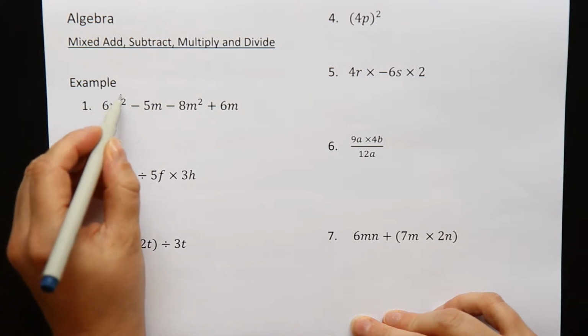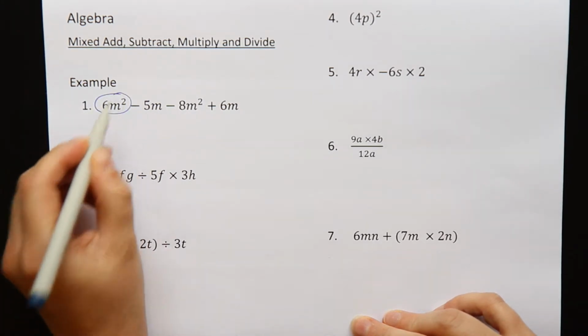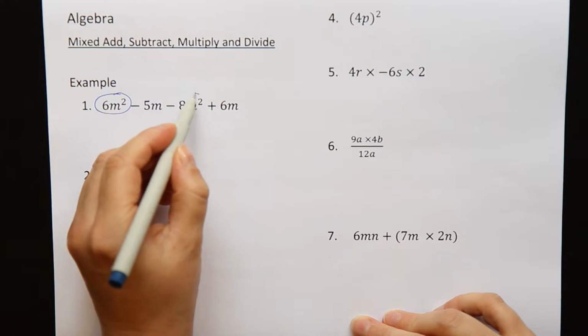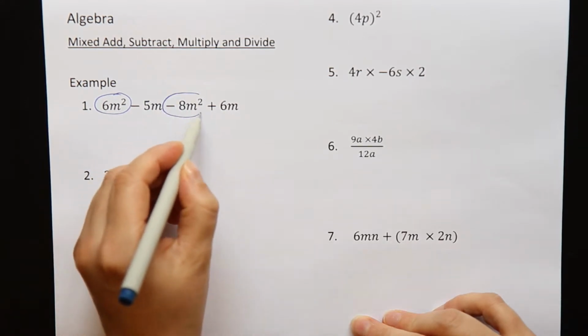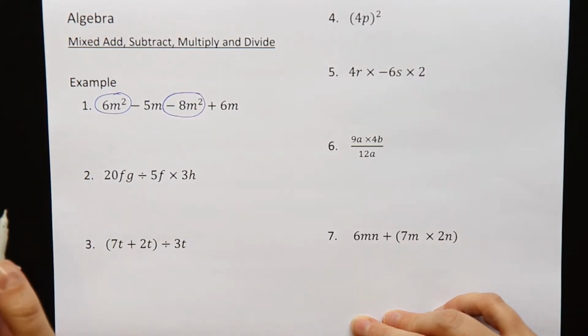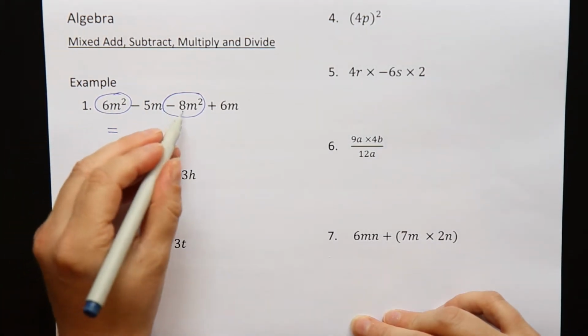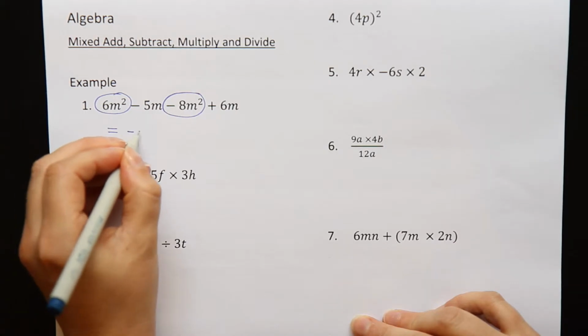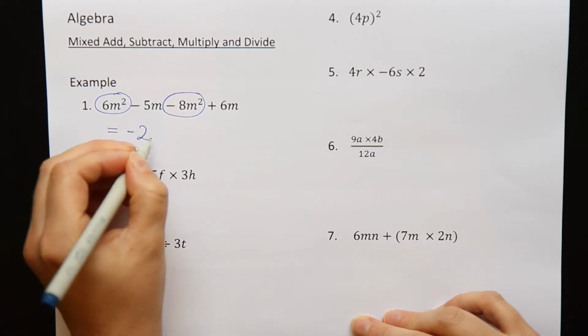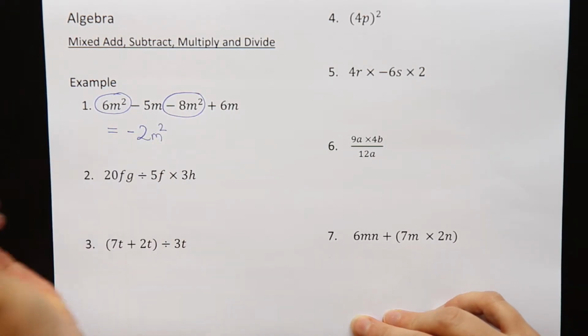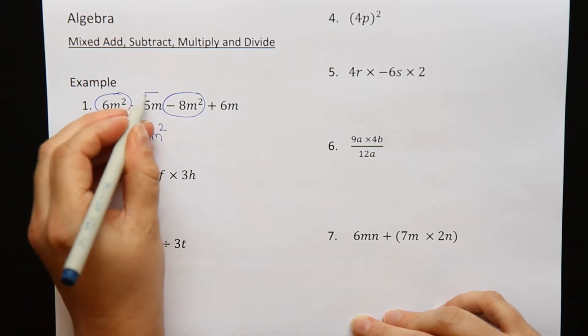I have a 6m squared, and this is another m squared, negative 8m squared. They are like terms, so 6 minus 8 is a negative 2m squared. Okay, the m terms are different.